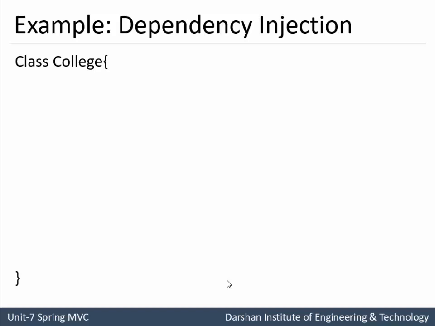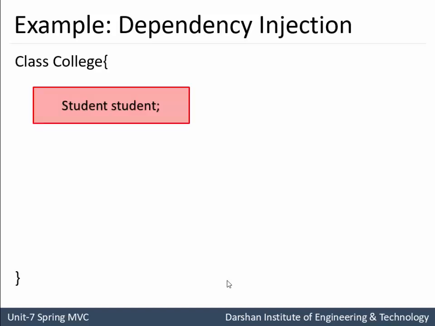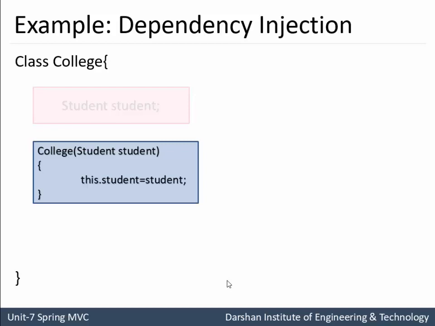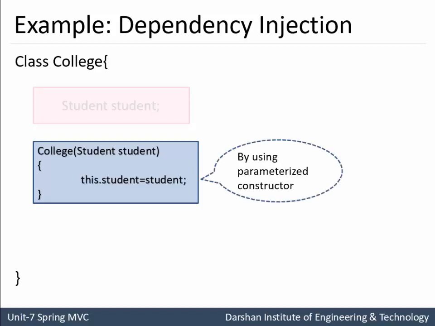Let's say there is one class named College. For tight coupling, we were creating the object of class Student within class College. But let's make this student object a local object, and instead of using the Student class directly and creating its object in the College class, we'll be using a parameterized constructor named College.